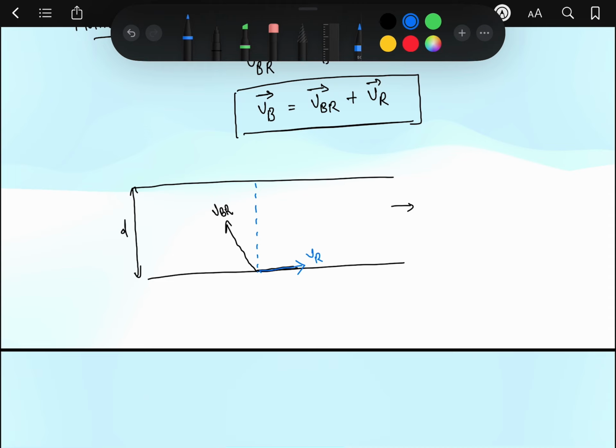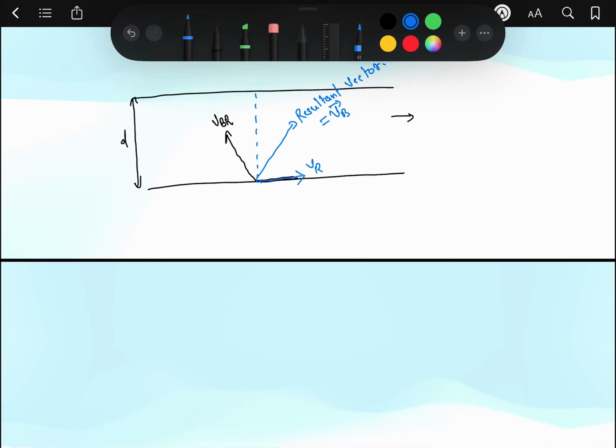According to equation number 1, the resultant of these two vectors is the resultant velocity vector, which will be equal to velocity of boat with respect to ground.